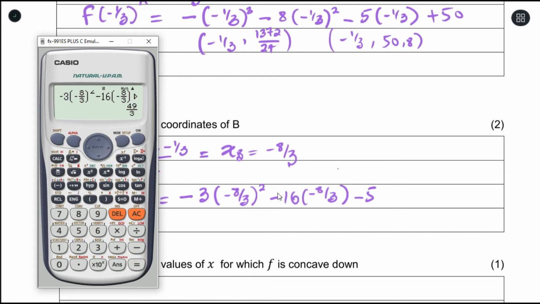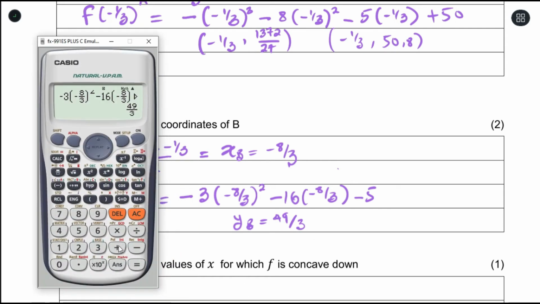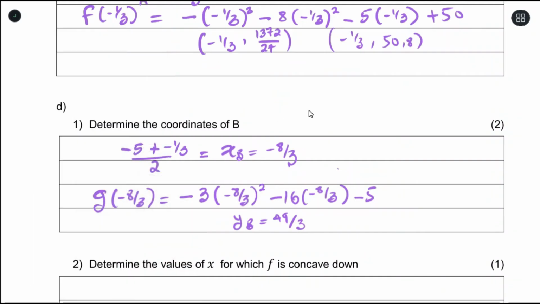This answer here is 49. The y of B is 49 over 3. Okay, so in decimals, we could say it is 16.3, right? So we can say our coordinate could be negative 8 over 3 and 16.3.